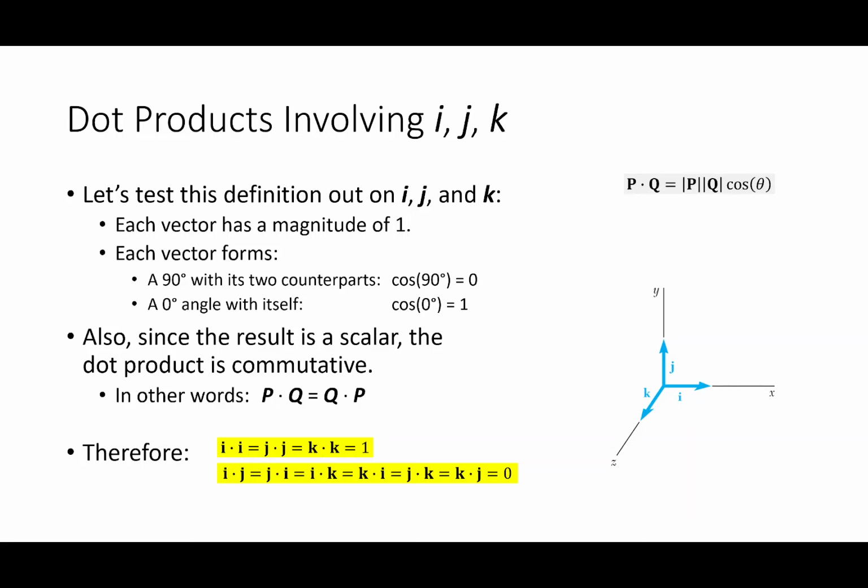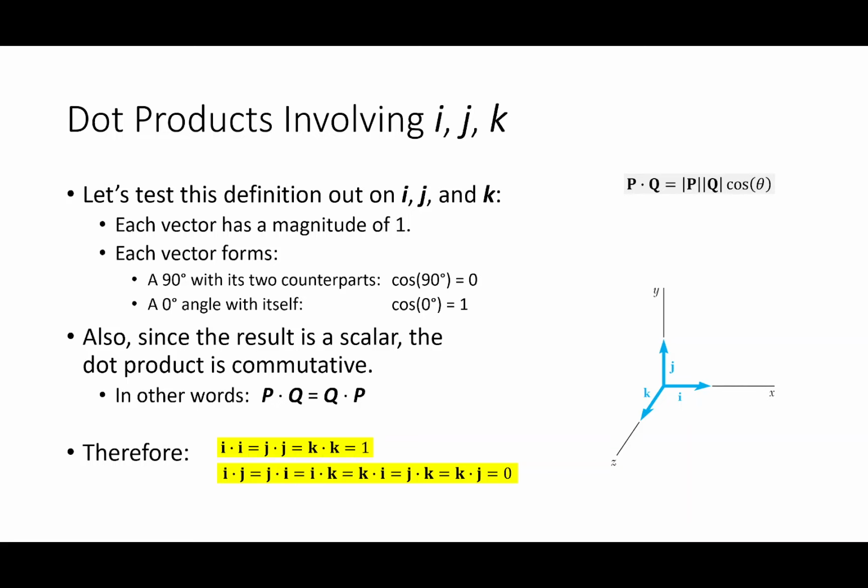If I have two different vectors, like I and K, or K and J, or J and I, where the letters aren't the same, there's a 90-degree angle between them. And the cosine of 90 degrees is 0. So if the dot product has to equal this times the cosine, then any time the letters are different, the dot product is 0.